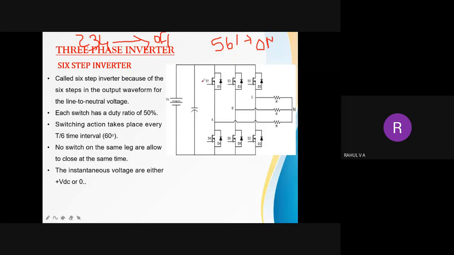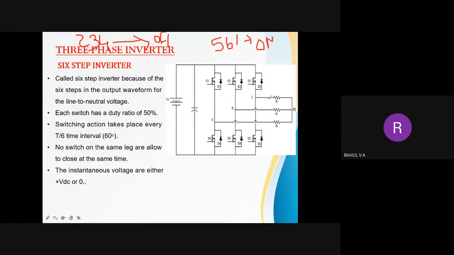Now tell me, and one more thing, we know that there are 2 types of voltage in a 3-phase system, that is phase voltage and line voltage. Phase voltage is the voltage between a particular phase and neutral.